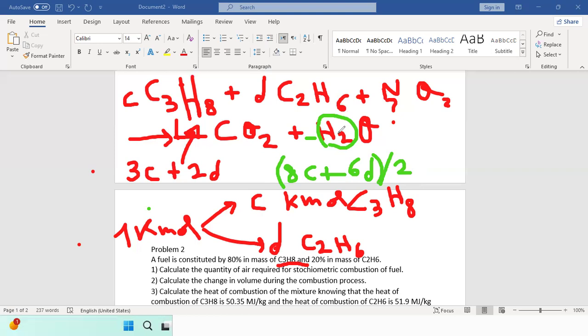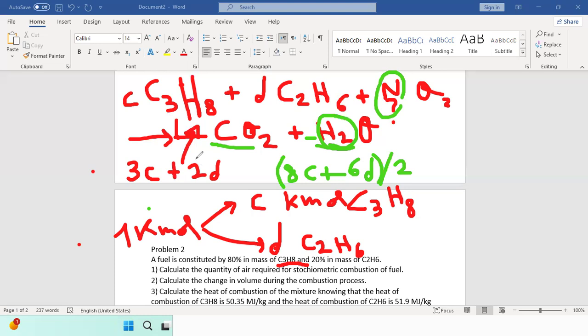So now I determined the coefficient of CO2 and I determined the coefficient of H2O. Once I do this, next step will be to find my unknown N. And also here's the same concept. The number of kilomole of O from the reactive side is equal to the number of kilomole of O from the product side.